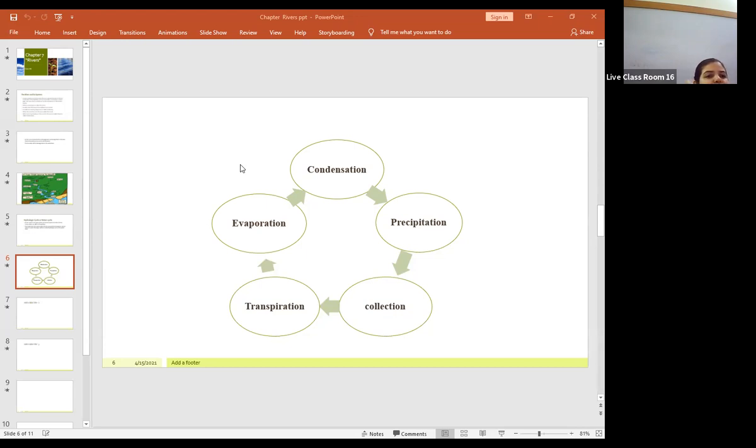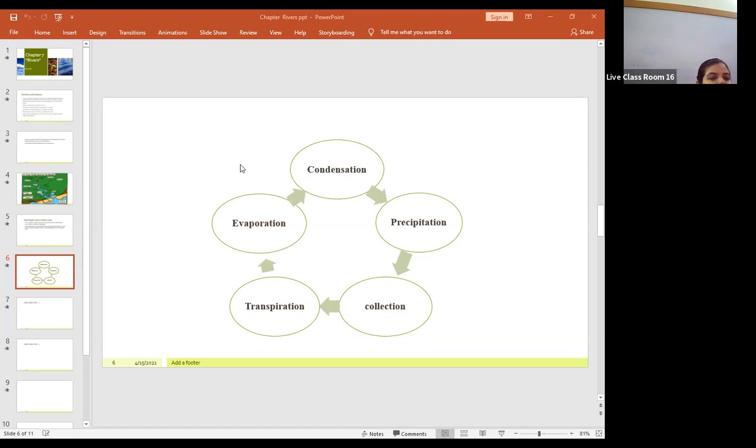Leaves have some holes which we call stomata, okay. Through those stomata the water starts to be released, the water droplets are released into the atmosphere, okay. So when they start releasing all the water droplets from the leaf into the atmosphere, we call that process evapotranspiration, okay. We will discuss what that actually is.